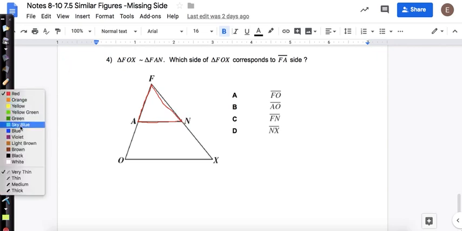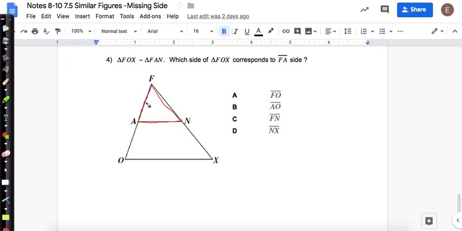And then let me use a different color here. This is the bigger triangle. So it says what side corresponds with FA? Well, if this is the left side of FA, then this is also the left side of FO. So FA would correspond to FO.